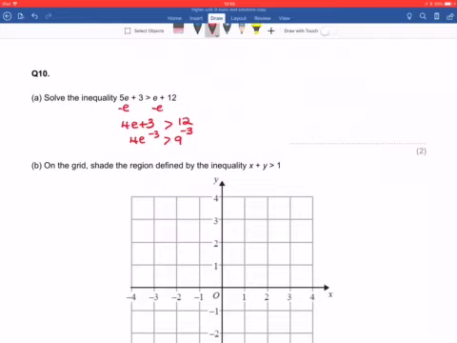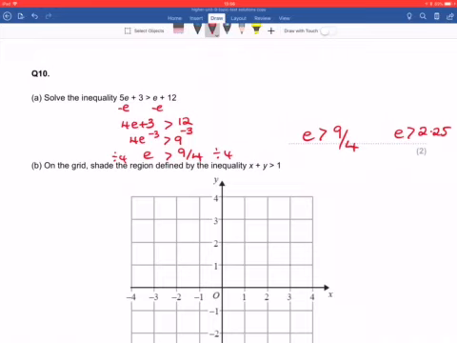I don't want 4e, I want 1e, so I divide both sides by 4 and it's e greater than 9 over 4. So you can literally write e is greater than 9 over 4, or e is greater than 2 1/4. E is greater than 2 1/4 or 2.25. Either of those will do.